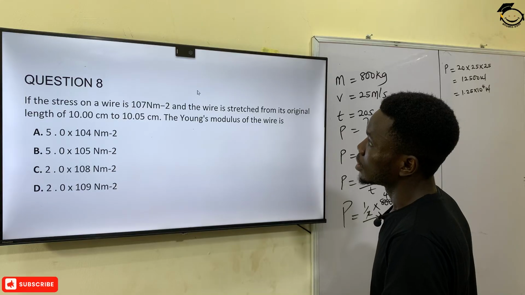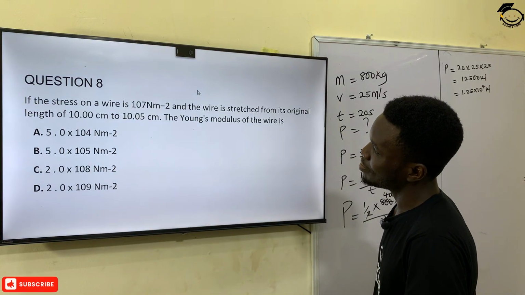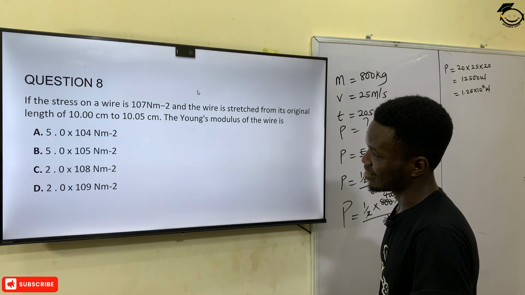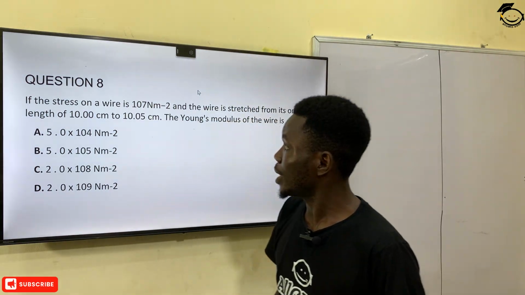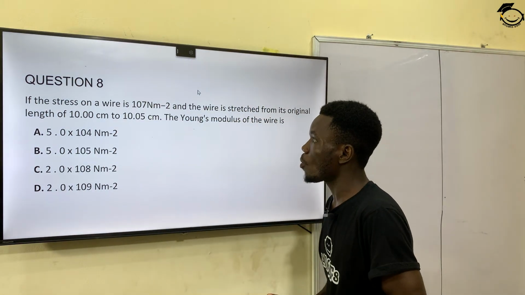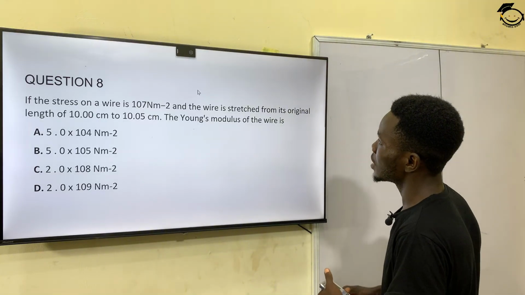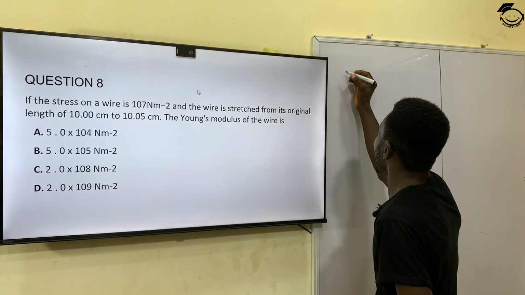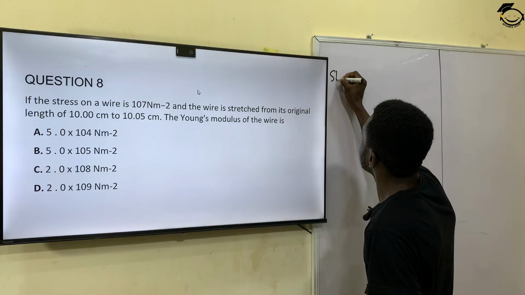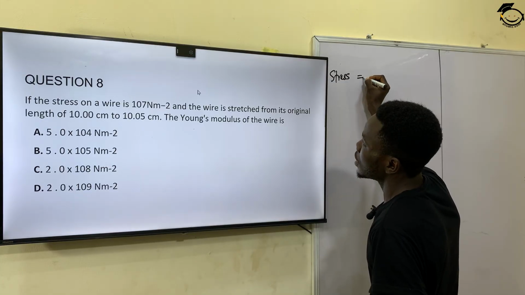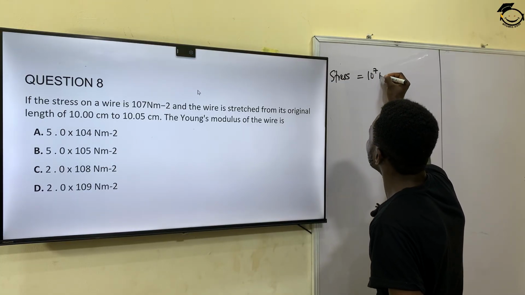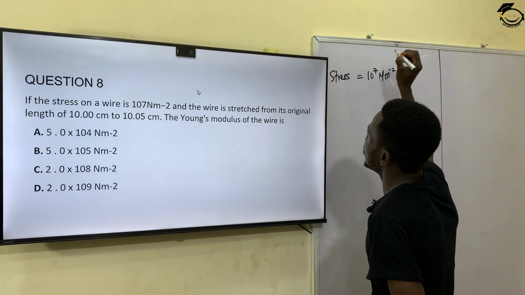So that takes us to question number 8, which says if the stress on a wire is 10 raised to power 7 Newton per meter squared. So we have been given the stress as 10 raised to power 7 Newton per meter squared.